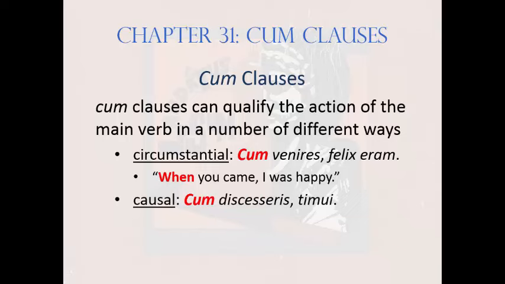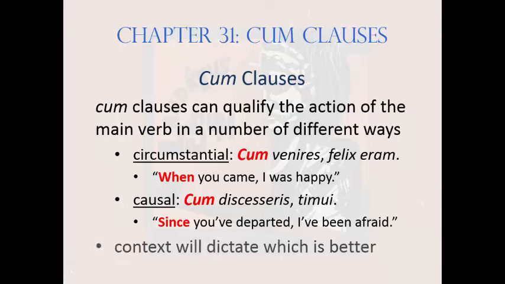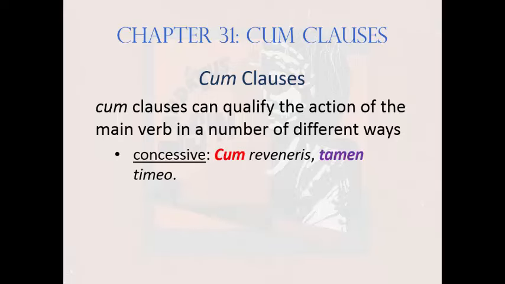Or cum can show cause, cum discesseris timui, meaning since you've departed, I've been afraid. I live in fear now because you're no longer here. The context of the sentence will tell you which is right, or at least better. One other way a cum clause can qualify a sentence is to express what grammarians call concession, basically an inversion of an expected circumstance.